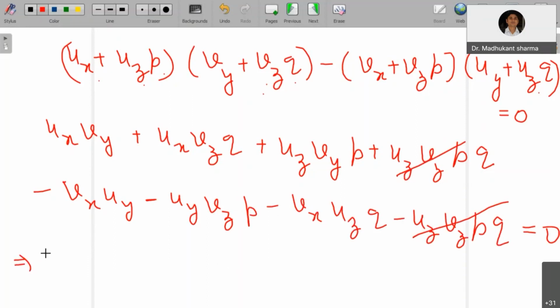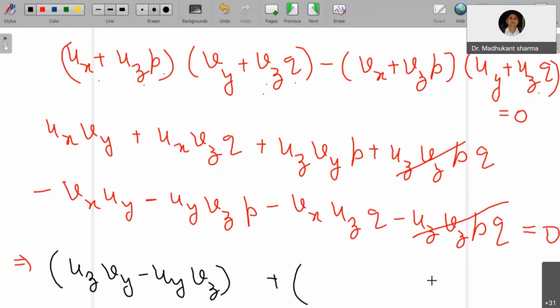Now, what is the p coefficient? The p coefficient is uz vy minus uy vz, plus the q coefficient is ux vz minus vx uz.